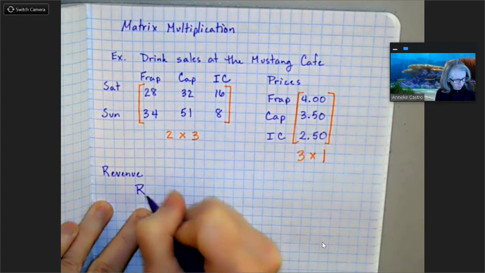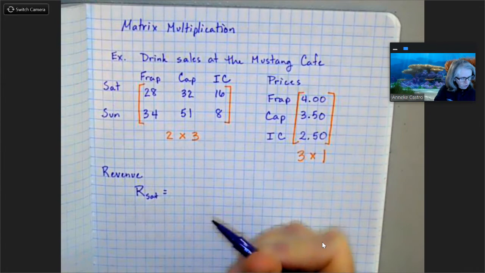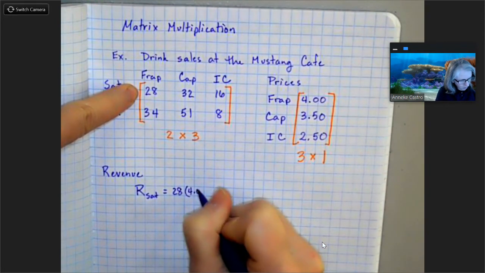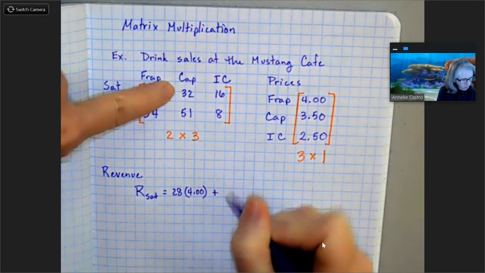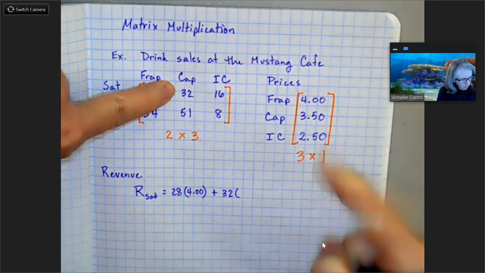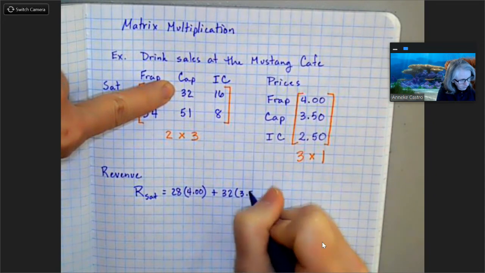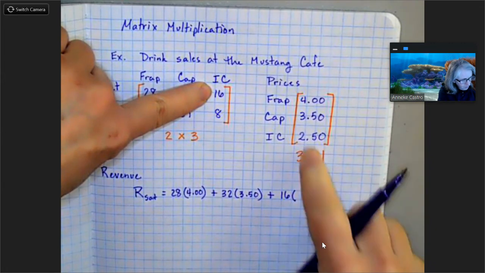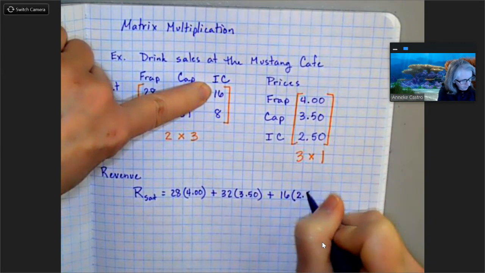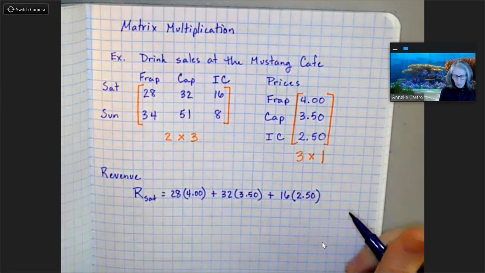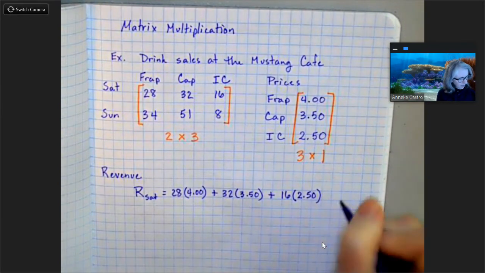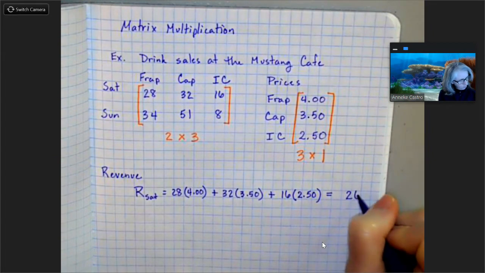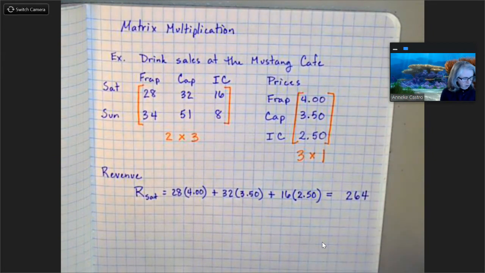My revenue for Saturday is going to be equal to 28 times 4, times that $4, plus 32 times 350, plus 16 times 250. So if I put that into my handy dandy calculator, I would get a total of $264. So that's how much money I made on Saturday.